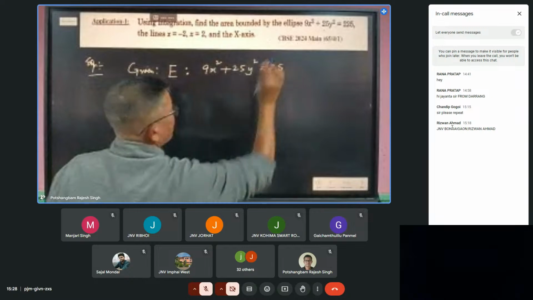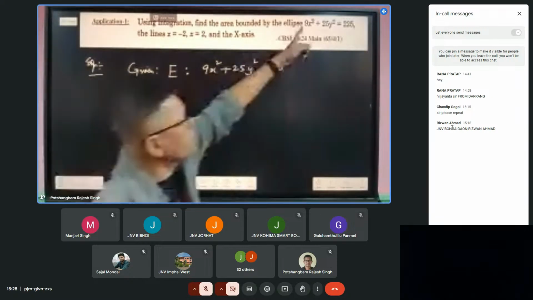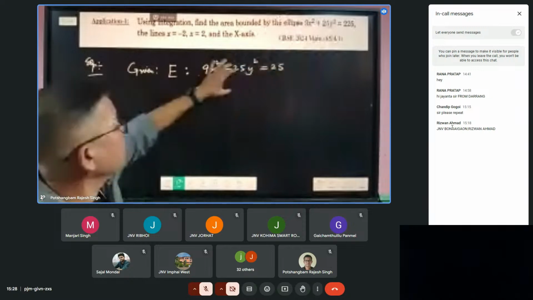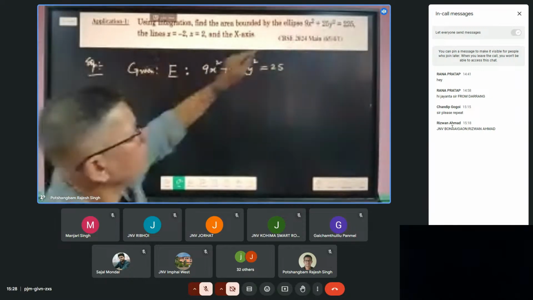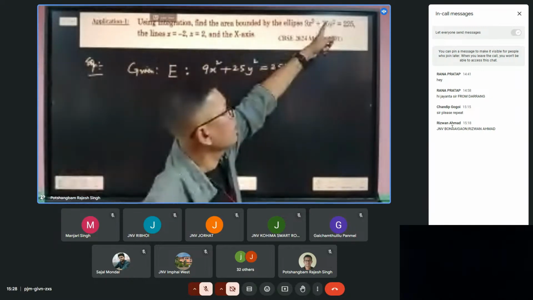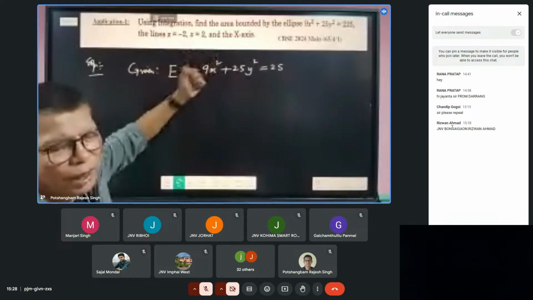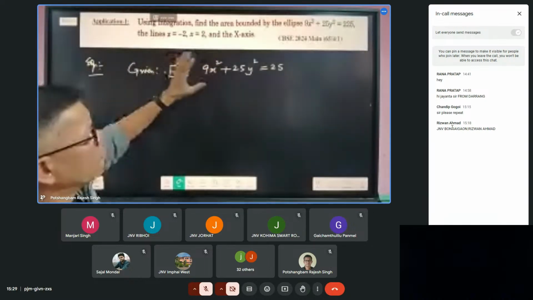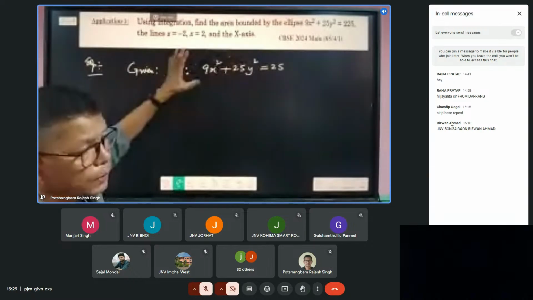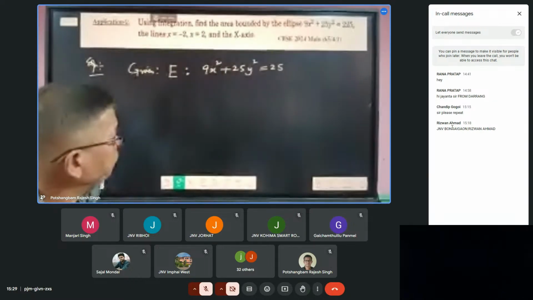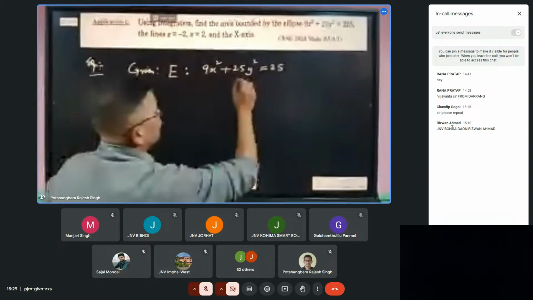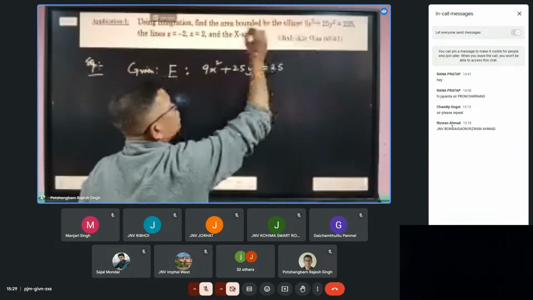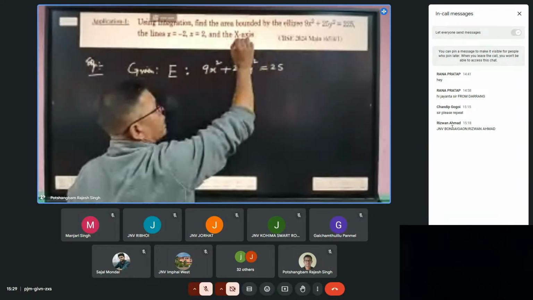I repeat once again, dear students, if this is a circle, you may represent the curve by C. If it is a parabola, you may give the name P. Like that: E for ellipse, C for circle, P for parabola, L for line.